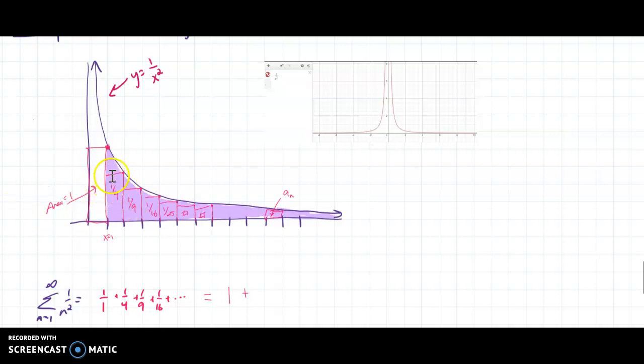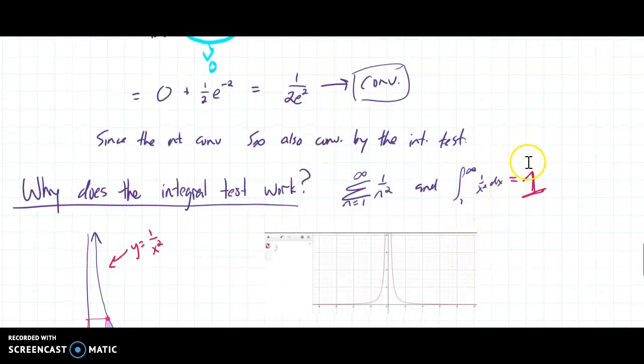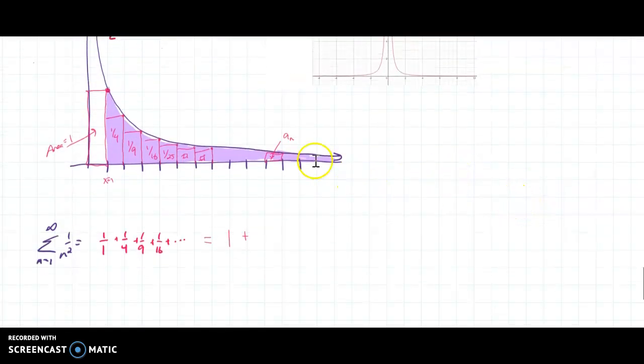And the argument here is that the 1/4 plus the 1/9 plus the 1/16 plus the 1/25 plus all of the rest of these, they all add to something that is clearly less than this purple area. And remember, that purple area is exactly 1 as you go out to infinity. So my sigma from n equals 1 to infinity of 1 over n squared is going to be 1 plus a number, where that number is less than the purple area, which is 1.